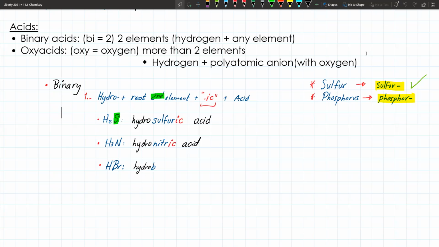Just like that. Hydrobromic acid. So don't forget, you just need to follow all the structure that I gave you, okay? And just you plug in there the roots, the prefixes, the suffixes, and then you go. You have your acid already named.